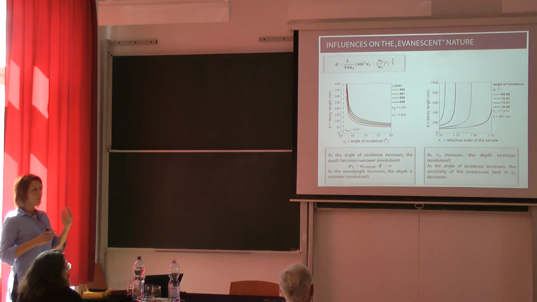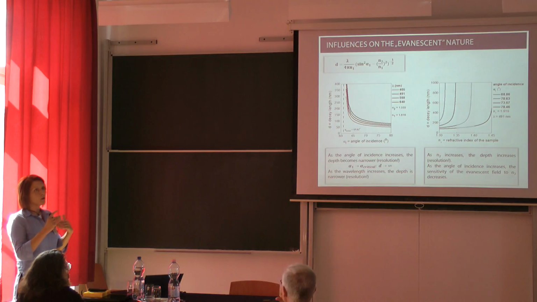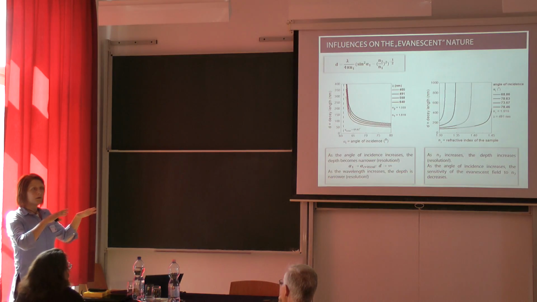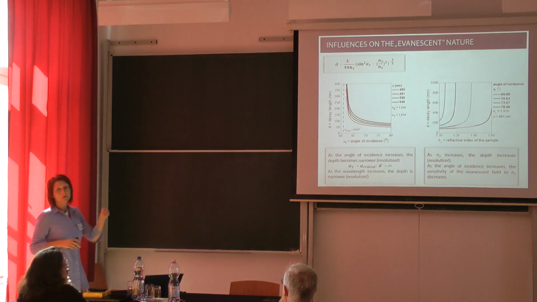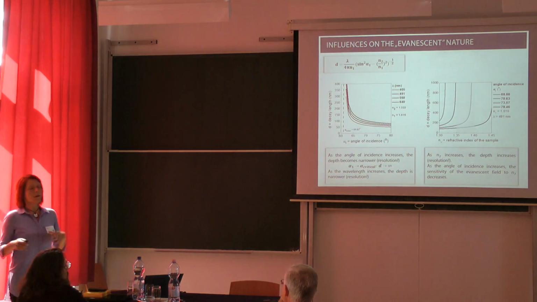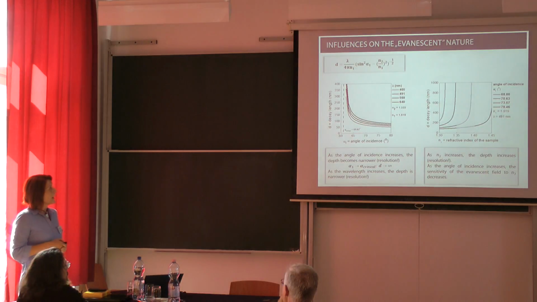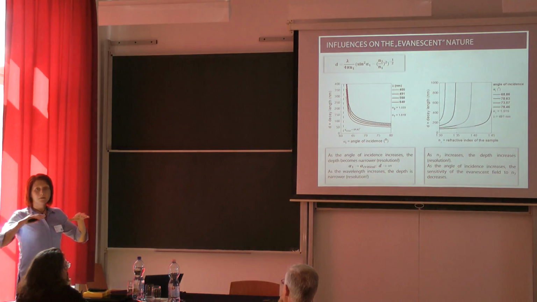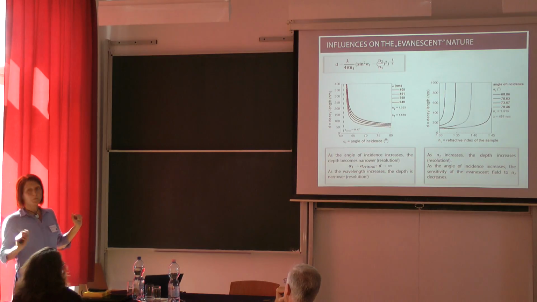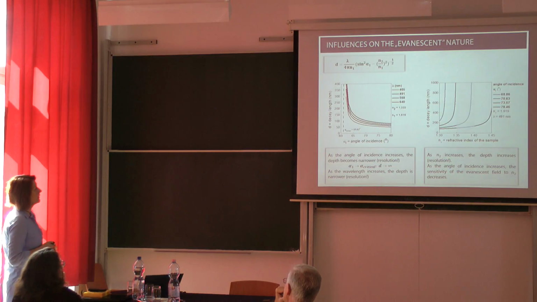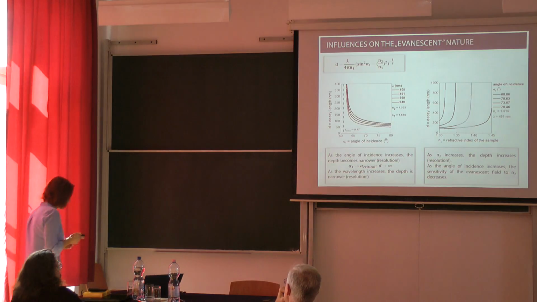That can be useful if you imagine that inside cells there can be different regions with different refractive indices. Then you want a higher angle of incidence to be sure that inside the cell everything is homogeneously illuminated by the evanescent field. Okay.